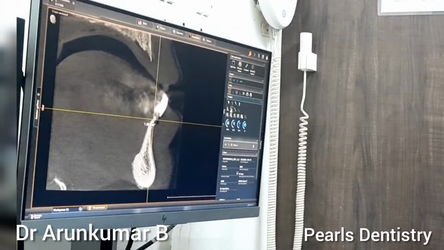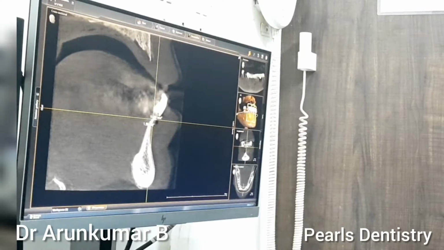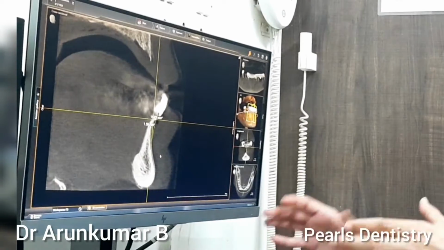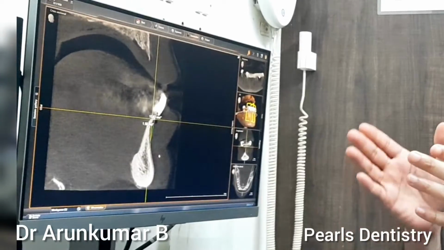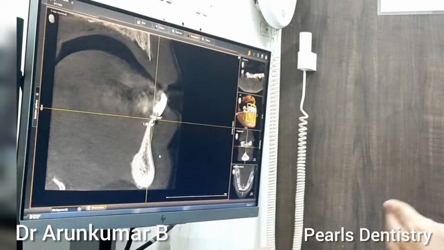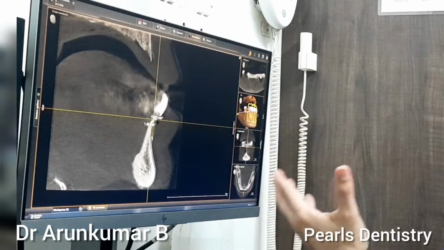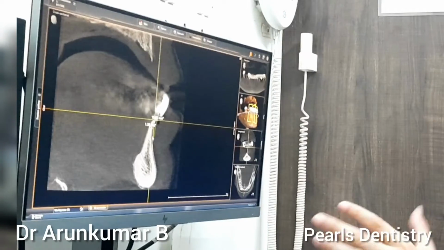Also, when I look at the height of the bone, right up to about 15 millimeters, the bone is very, very narrow. Because the bone is extremely narrow and resorbed, almost no usable bone is available in the front tooth region to place an implant.